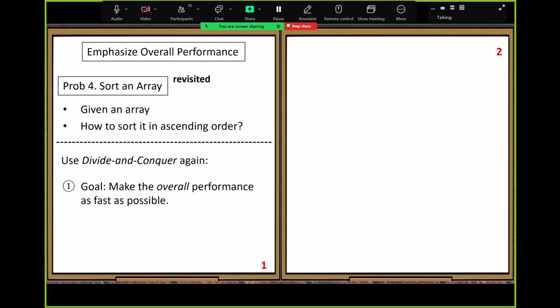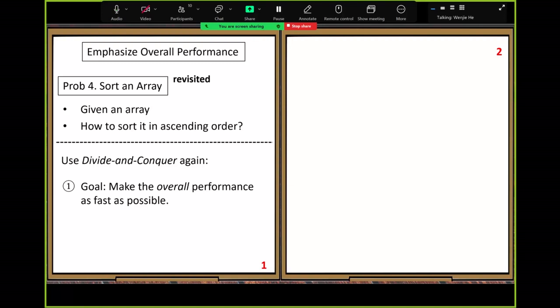The goal: make the overall performance as fast as possible. When we design this sort, how do we target the overall efficiency?